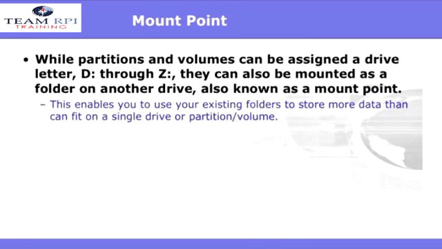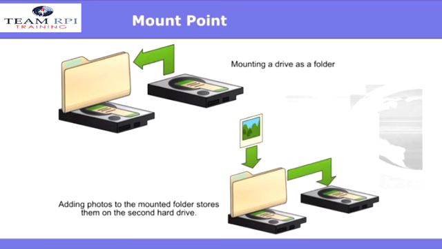Now let's talk about mount points. While partitions and volumes can be assigned a drive letter D through Z, they can also be mounted as a folder on another drive. This is known as a mount point. This enables you to use your existing folders to store more data than can fit on a single drive or partition.